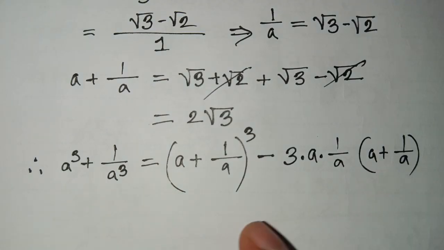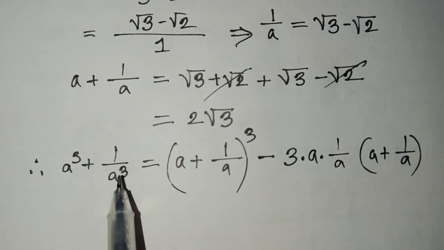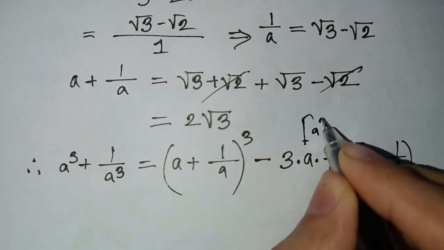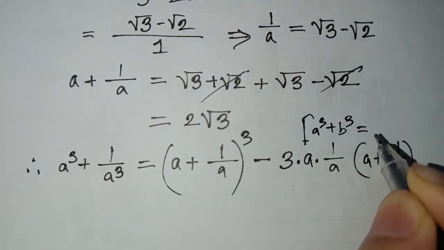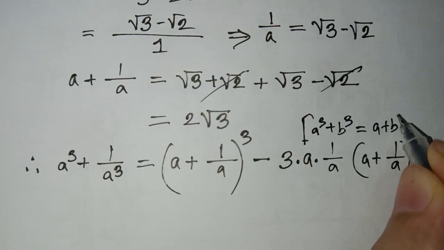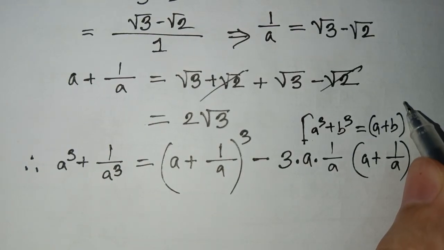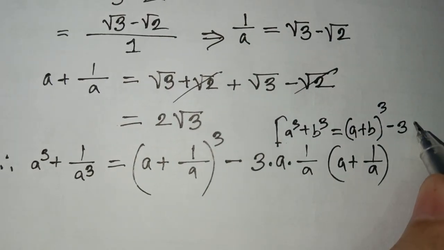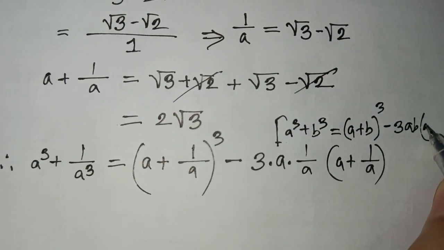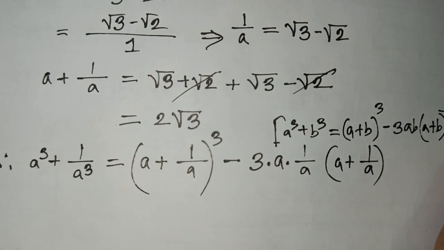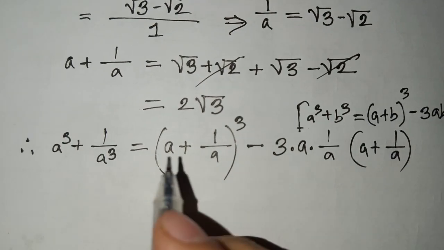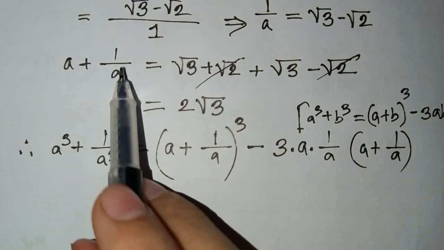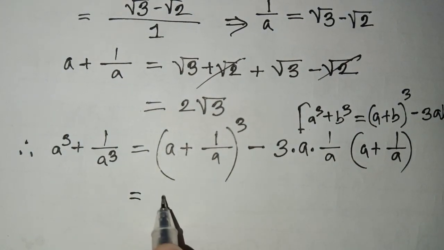This is the formula of a cube plus b cube: a cube plus b cube equals a plus b all cubed minus 3ab times a plus b. Hope you understand.